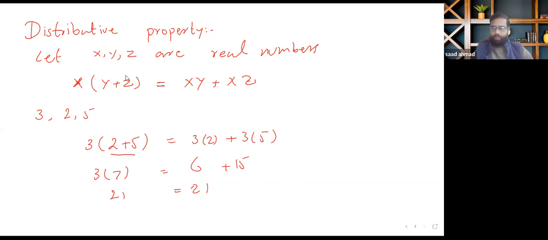There's one more that we can see. That is called identity. Identity property means they have the identity element, the identity number.